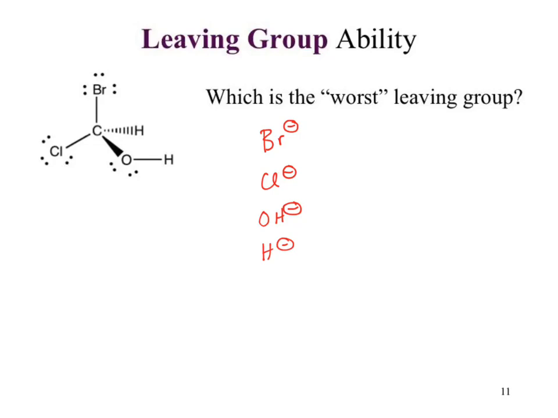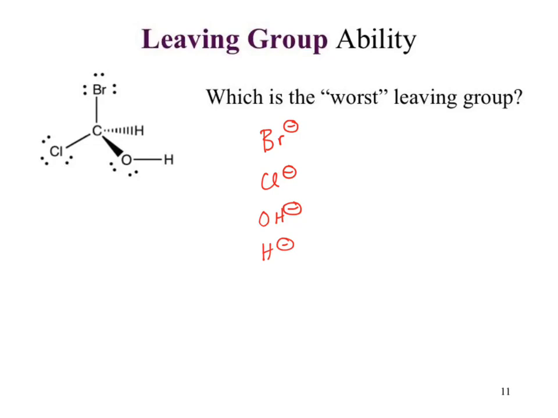We could compare it as the base strength, which is ultimately a way of saying something about the stability of the negative charge. All of these are negatively charged, which makes one tick against all of them. But since we're forced to compare all of them, we then have to move on to the next thing. What's the next thing? Atom effects. Size. What atom is holding the charge in each of those cases?